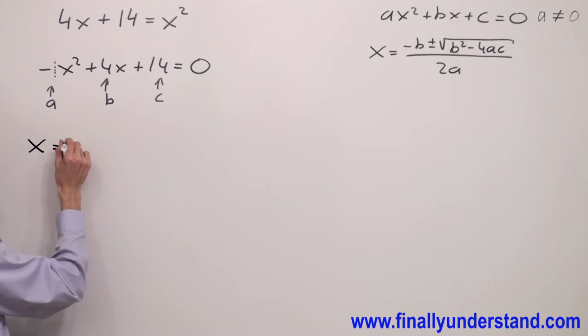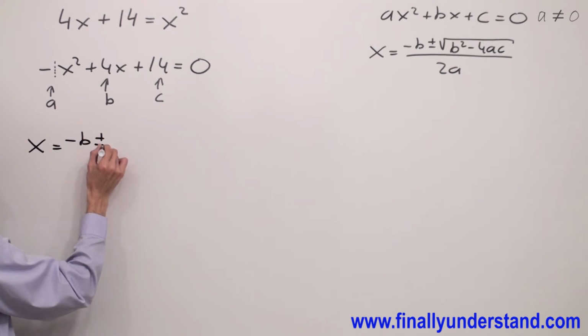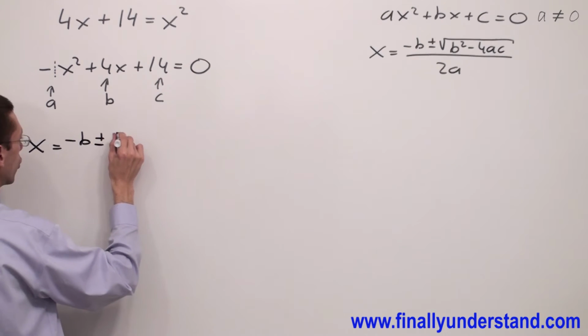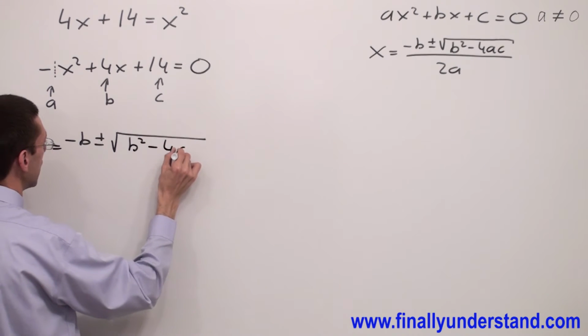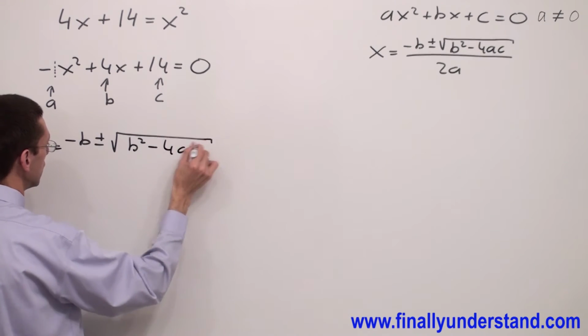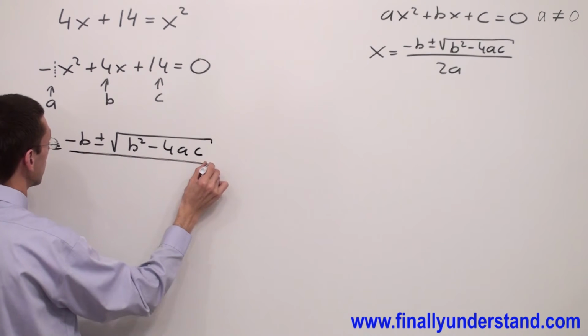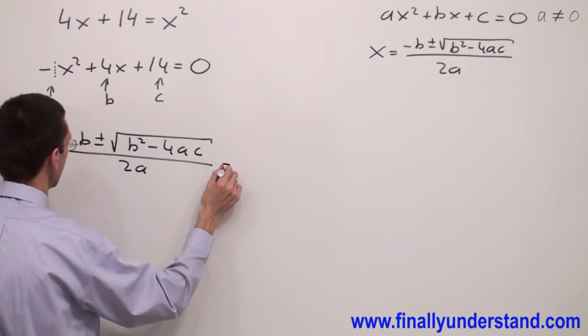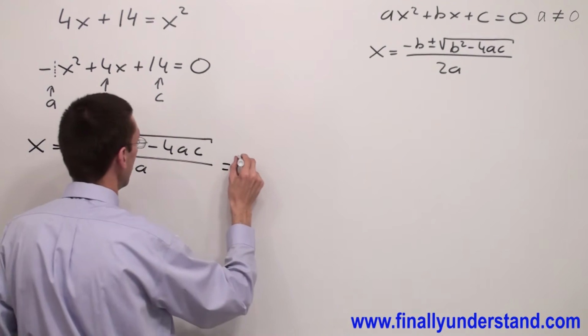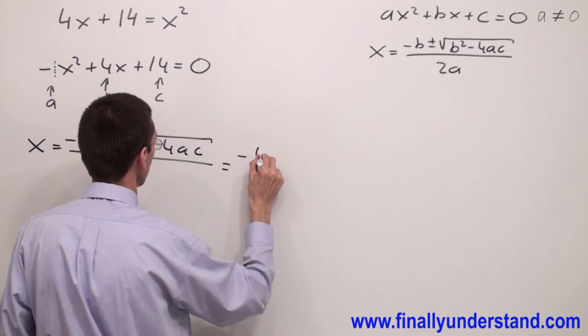x is equal to minus b plus minus square root of b squared minus 4ac over 2a. And I have minus 4.